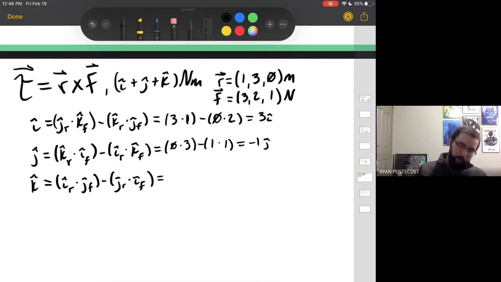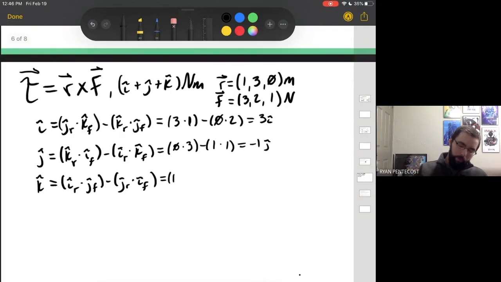Now for k, I for the radius is 1. J for the force is 2. Minus j for the radius is 3. I for the force, 3. So we have 2 minus 9. So 2 minus 9 is negative 7.